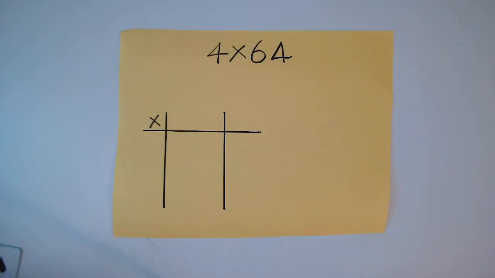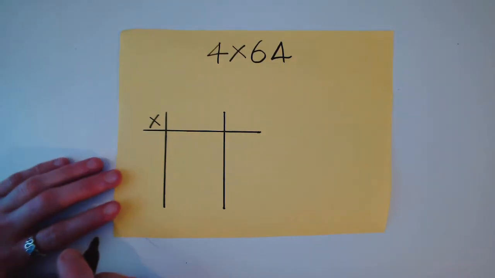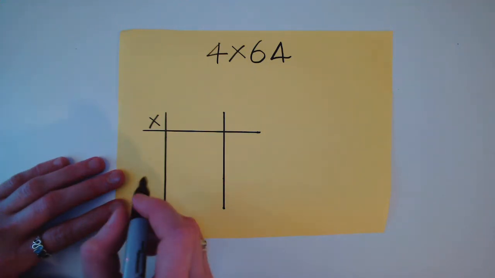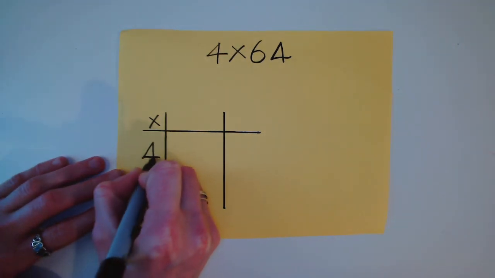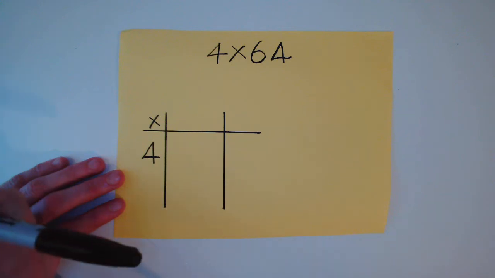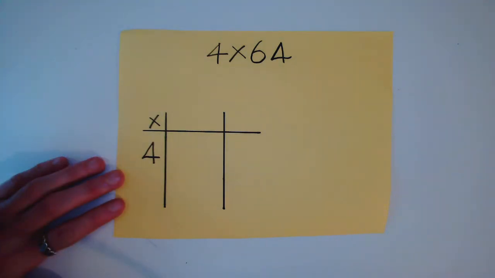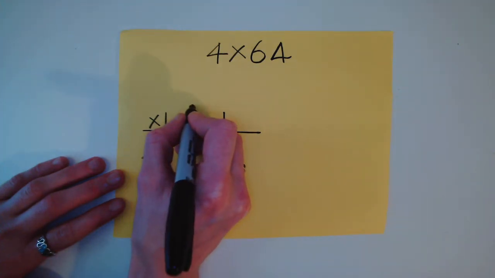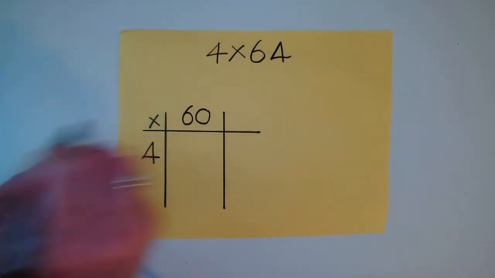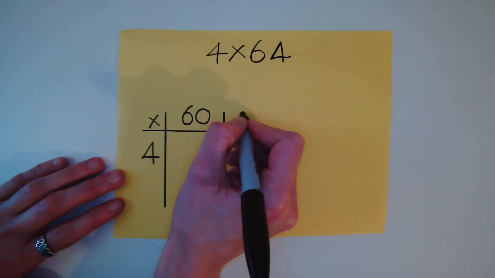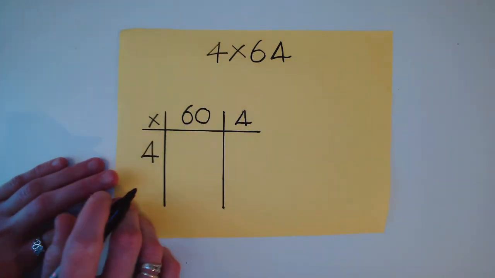So where in my grid do I need to put my numbers? That's right, my 4 goes here. And what do we need to do to 64? That's right, we need to partition it. So 60 can go there, and our 4 goes there.